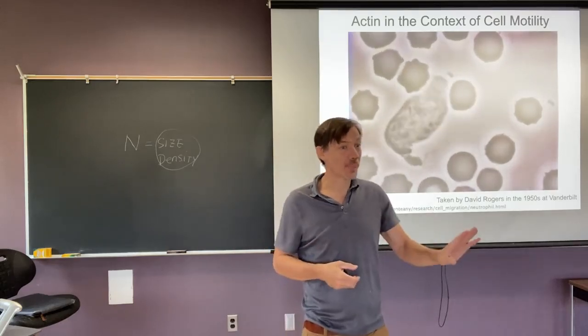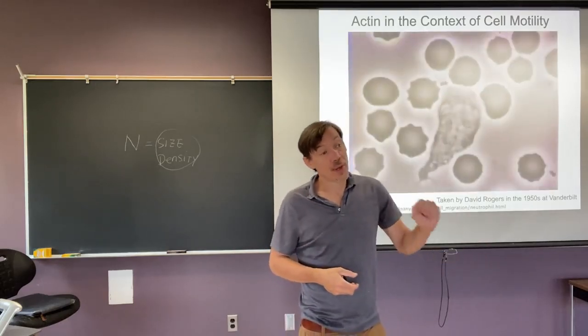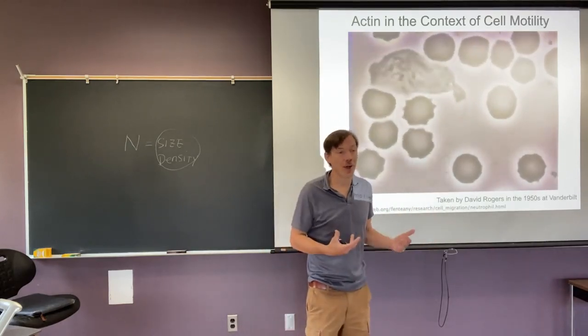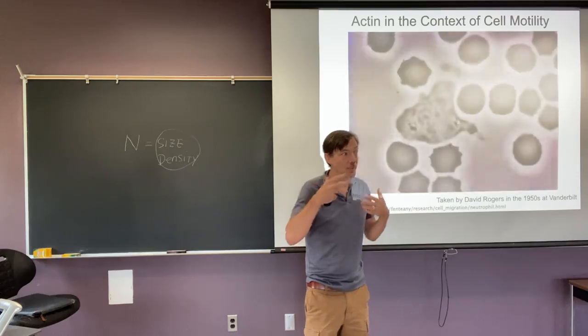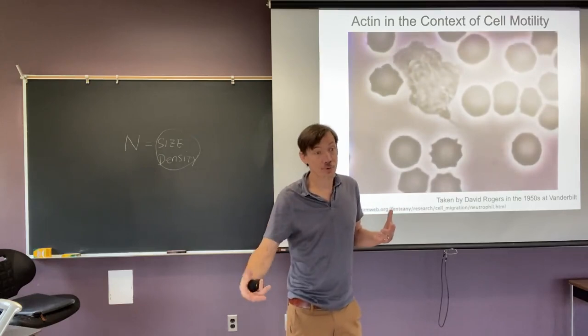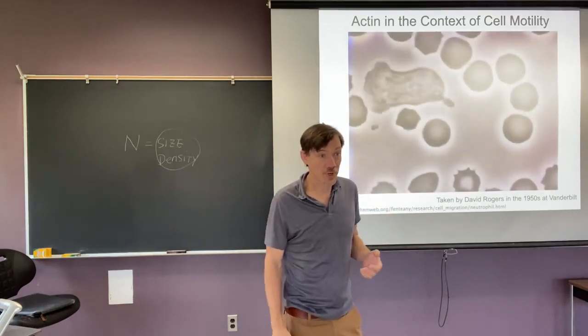So that does happen to some extent. It just turns out that in most cells that are using oxygen to respire, about 90% of the ATP is being made in the mitochondria through oxidative phosphorylation.